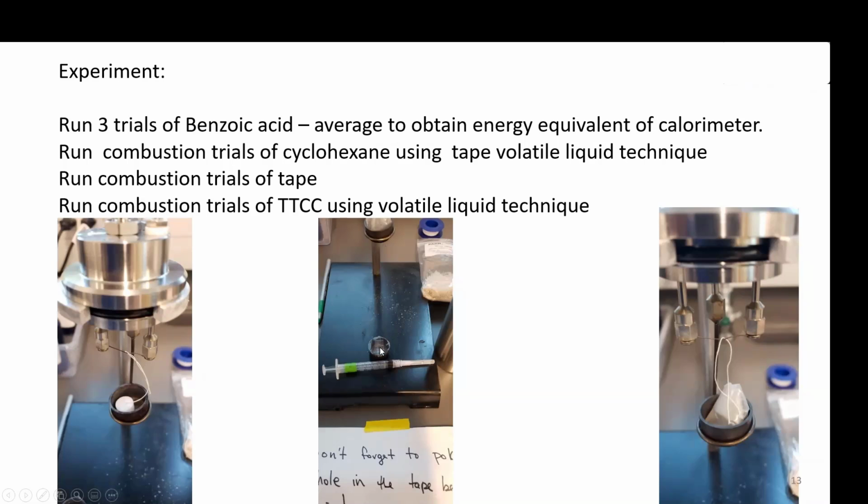So the cyclohexane and the tape will get burned inside the bomb, okay? In this volatile technique, we introduced something new, right? We introduced the tape combustion inside.